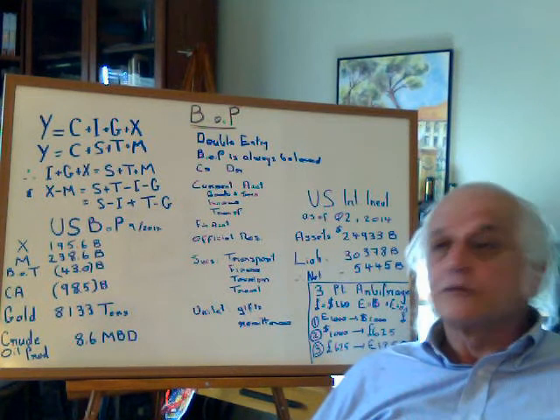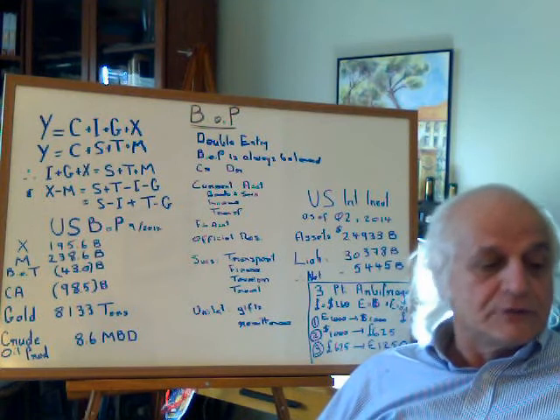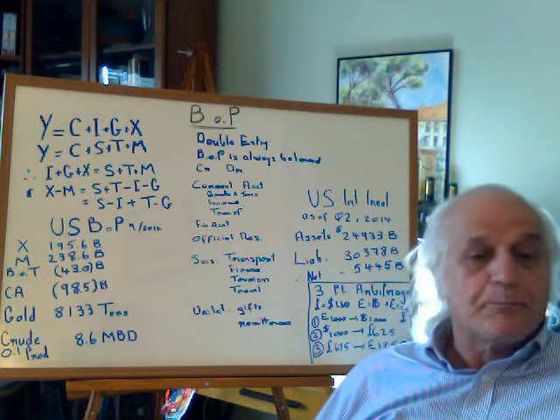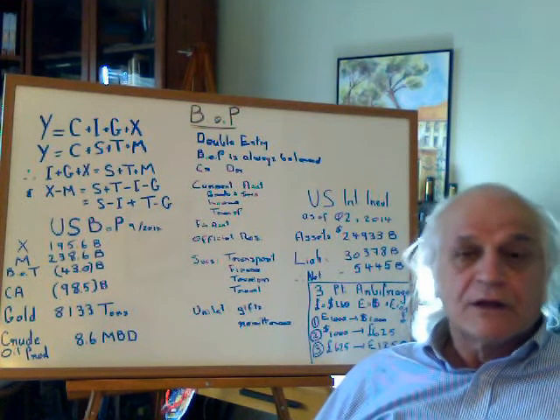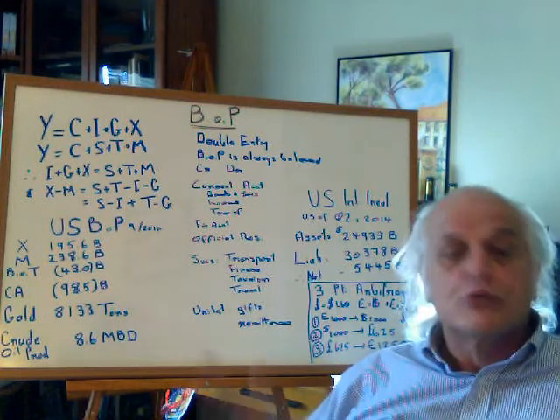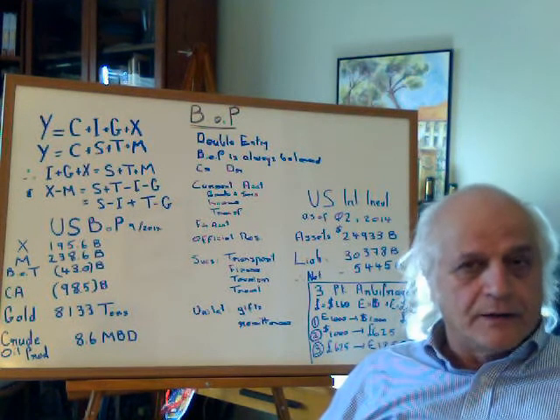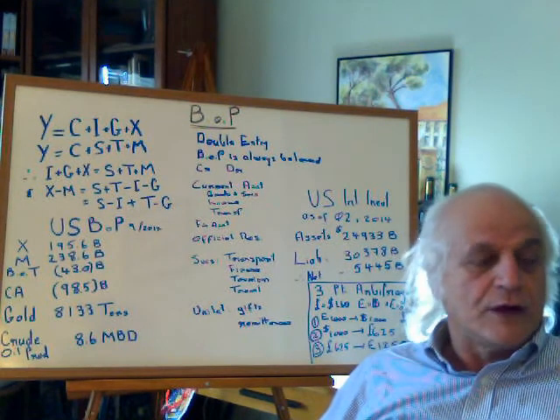So if you are importing 10 million barrels at $100, then that's $1 billion a day, which is $360 billion a year, which is most of our deficit in goods and services, or actually in goods.